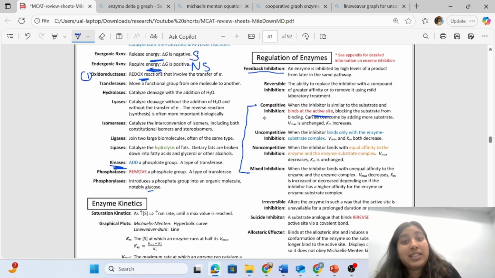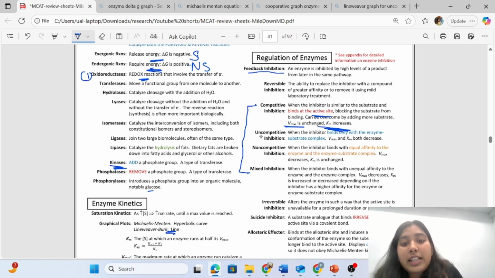Inhibitor will fight the substrate to bind to the active site and restrict it. So the Km value increases, but the Vmax is unchanged. It just means because the inhibitor is fighting the substrate, that means now you need more substrate to bind to the enzyme so that Vmax can remain unchanged. Okay, we'll see it with the Lineweaver-Burk graphs.